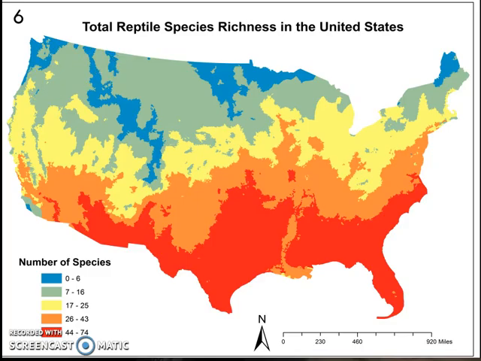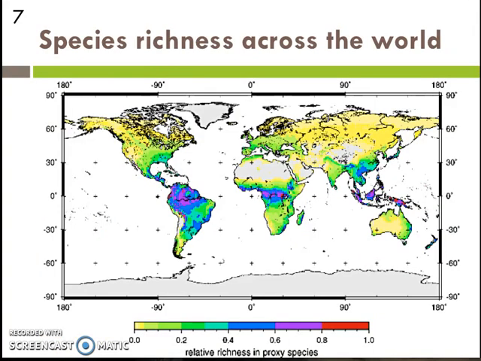So here we have another graph, but this is looking at species richness across the entire world. Again, red means more species, the yellow means fewer species, and as you can see, there's definitely a trend here. We're seeing more diversity in species in these warmer climates rather than these other areas, or in the extreme hot climates, we're seeing fewer species.